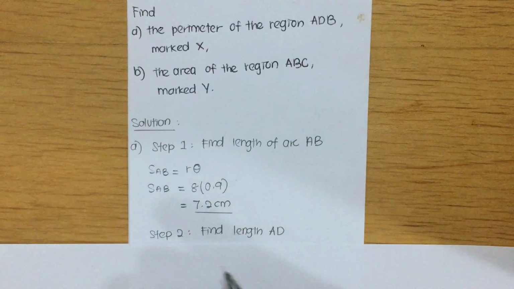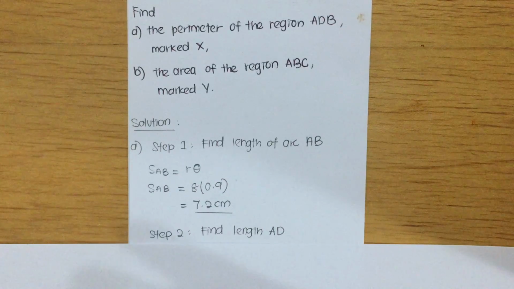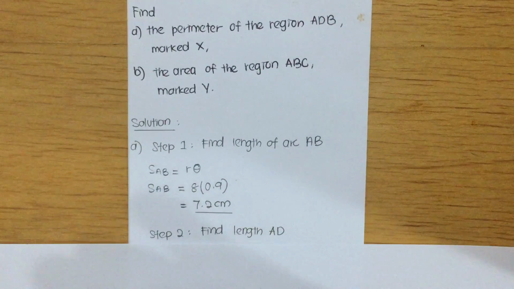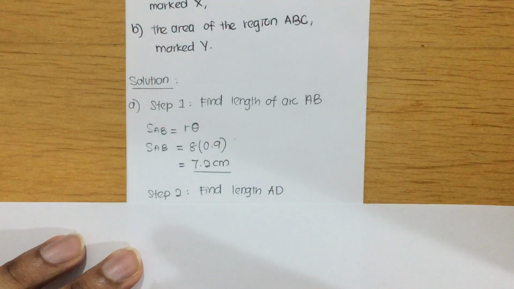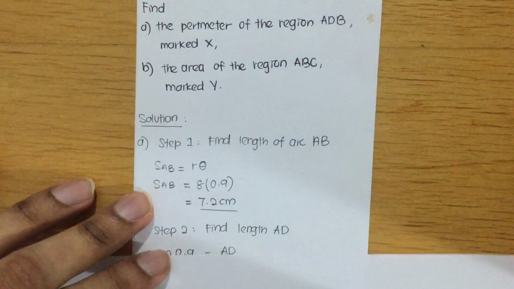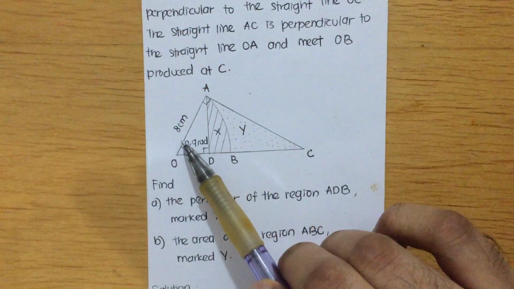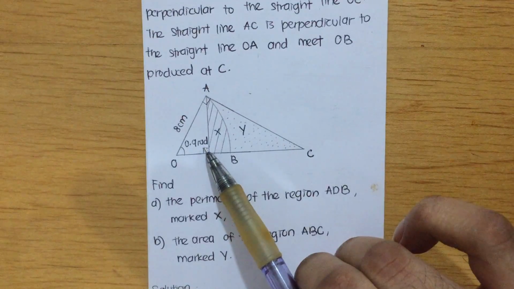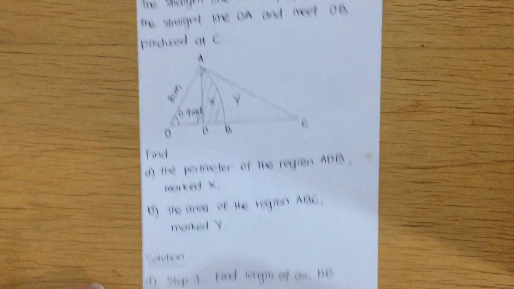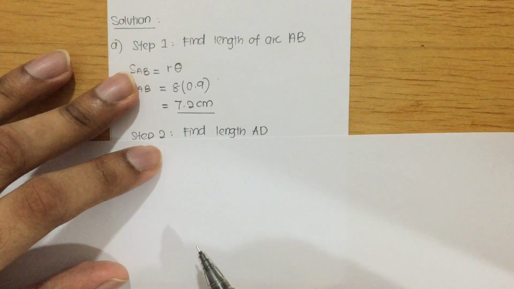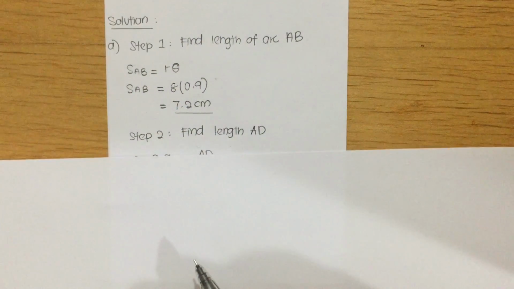Alright, how are we going to find the length of AD, guys? Actually, we can find the length of AD using our trigonometry rule. The hypotenuse is already given in the question, 8 cm, and they already give the angle 0.9 radian. We can find this AD length by using the following step.